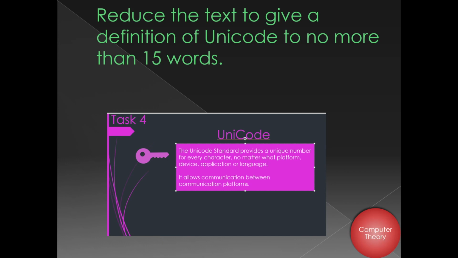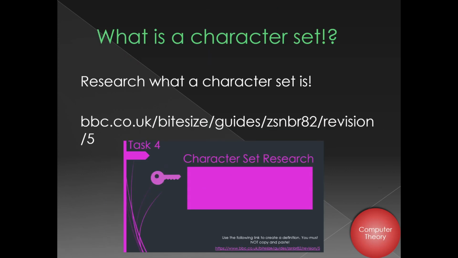It allows communication between platforms. So Unicode gives a unique number and value to every character and letter, no matter what you're using it for. So it's a lot more versatile, a lot more flexible in a sense.